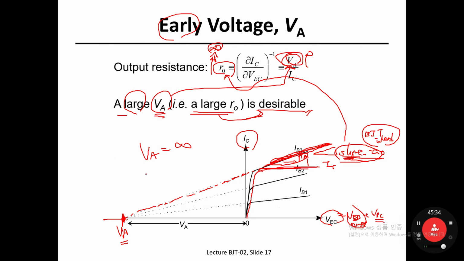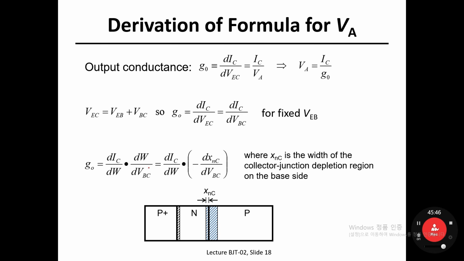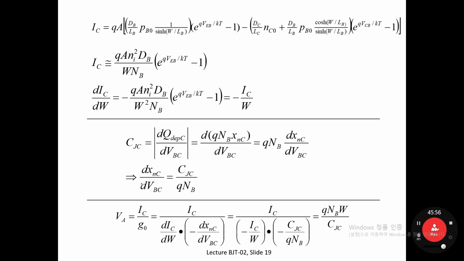Okay, so we have gone over the Early voltage definition and how to extract the Early voltage in the output characteristic plot. And now let's move on to the derivation of the equation for the Early voltage VA. How to write down the equation for VA? The answer can be found at the last line of this slide.